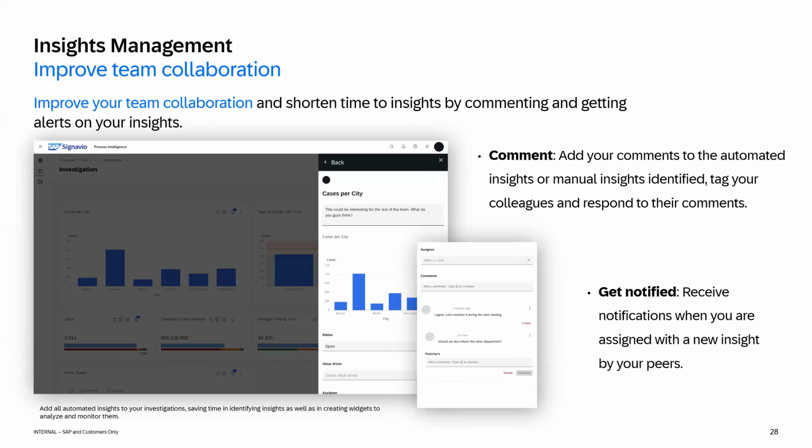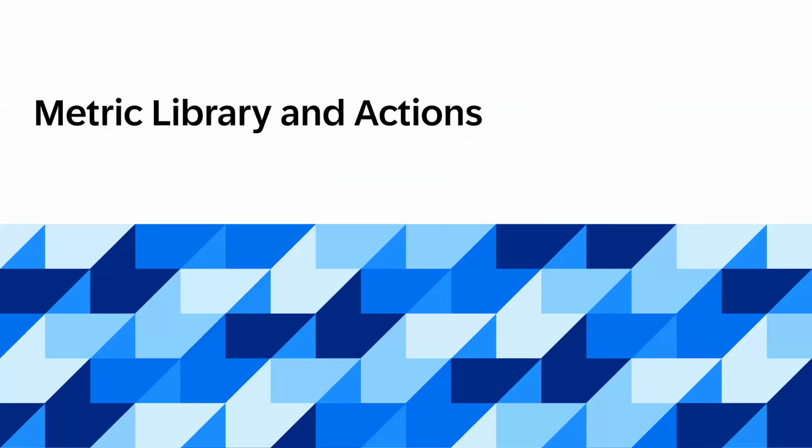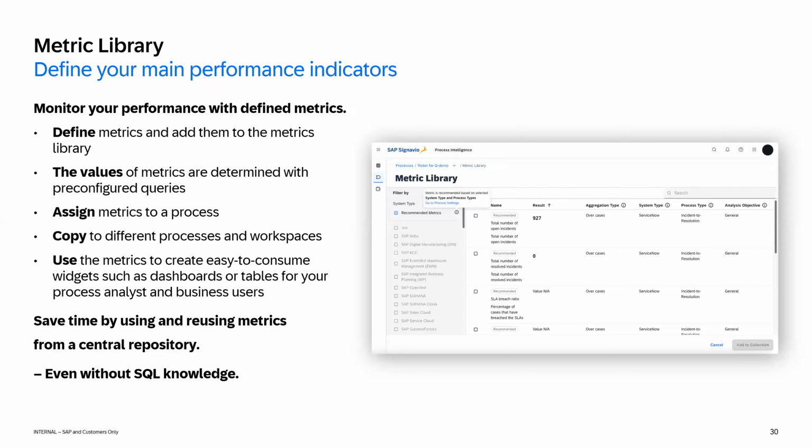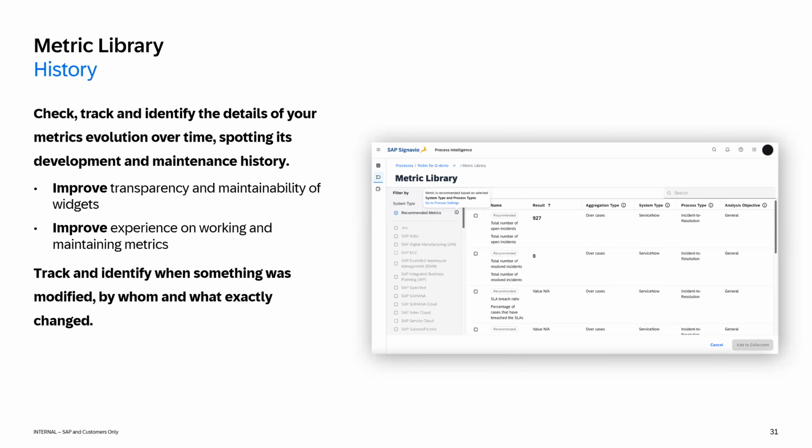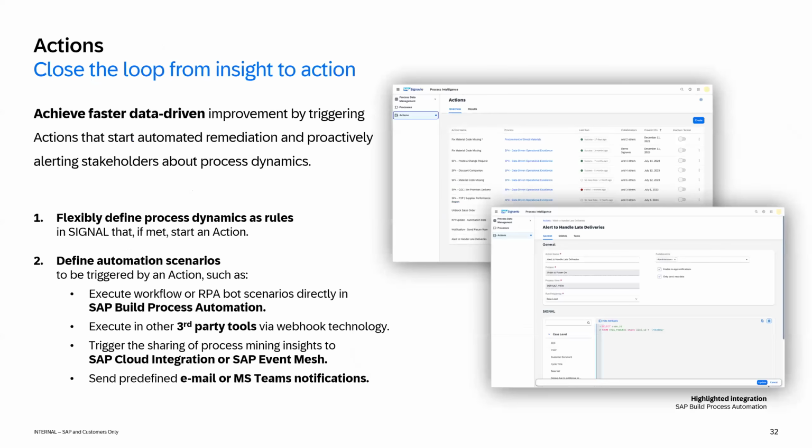And you also have the ability to have automated insights as well, if you want to take a look at those. So we'll actually do a couple of those, and then look at the metric library. The metric library is where you have access to a lot of different performance indicators that you can bring in and use within your investigation and dashboard. And then we'll go back to the live insights as well.